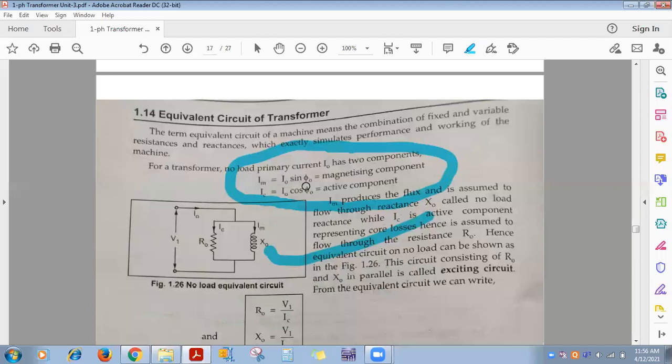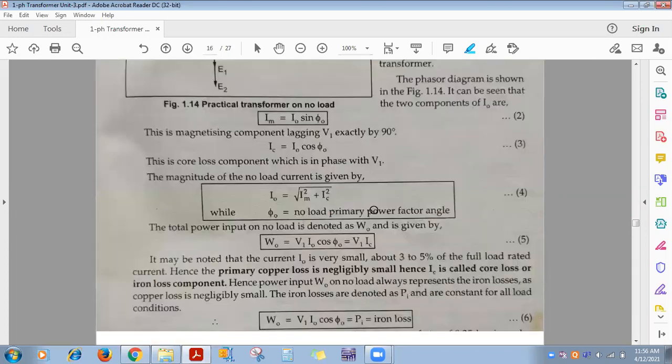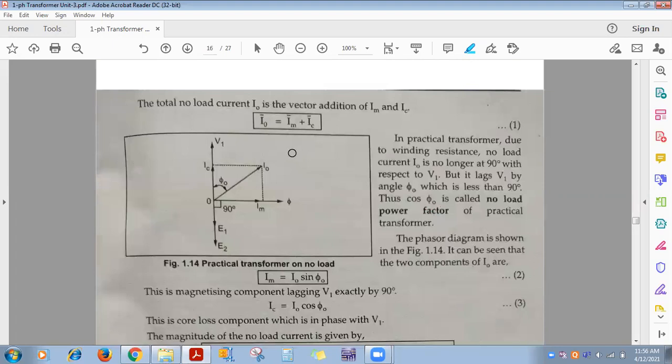Whatever parameters I'm telling, you just understand. IM is called the magnetizing component of that no load current, and I0 is called the active component of that no load current. If you plot the phasor diagram for this, the phasor diagram is not in your syllabus, but still we tell you, this is V1, this is flux.